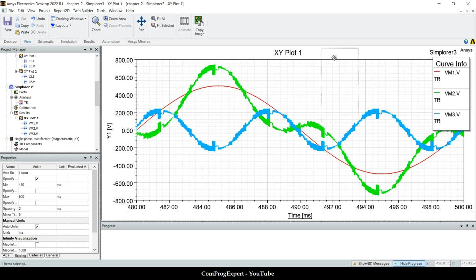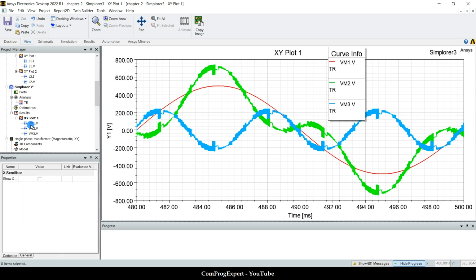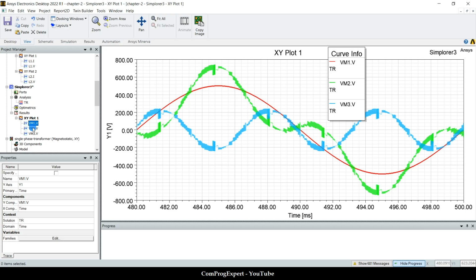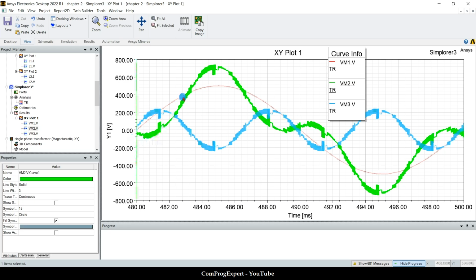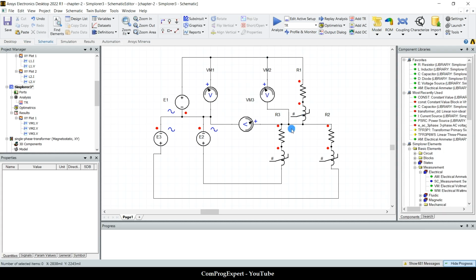So here you can see this is the source. This is the voltage of the endpoint of the load with respect to the endpoint of the supply. Its frequency is 3 times the fundamental frequency. And this is the voltage of this branch.